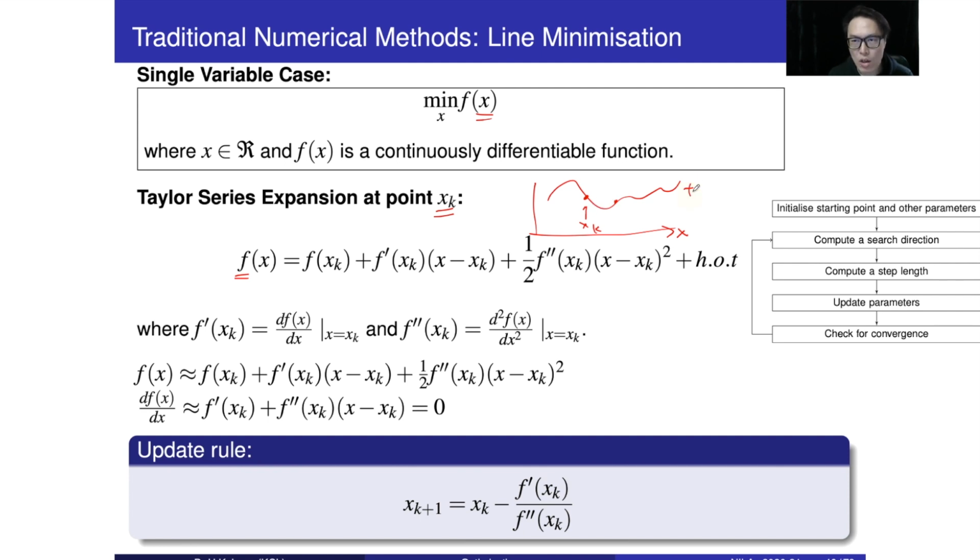The whole function f(x) can be written in this form: f(xk), that is the y value, plus the first derivative of f at the point xk times the difference x minus xk, plus half of the second derivative, f double prime at xk, times the difference x minus xk squared, and this is the higher order term.